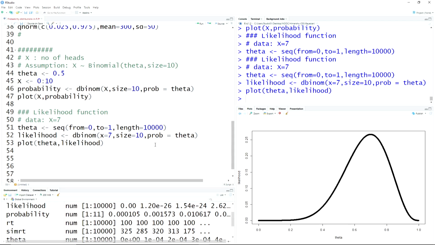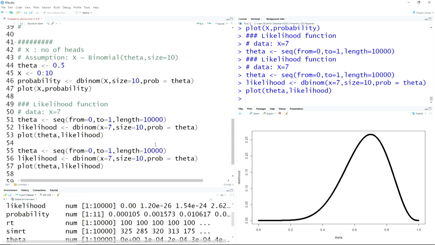So, let us say you toss the coin 100 times and you get 70 heads. Basically the underlying thing is the same. In the earlier case you tossed the coin 10 times and obtained 7 heads. Here I toss the coin 100 times and let us say I get 70 heads. Let us see how the likelihood looks.